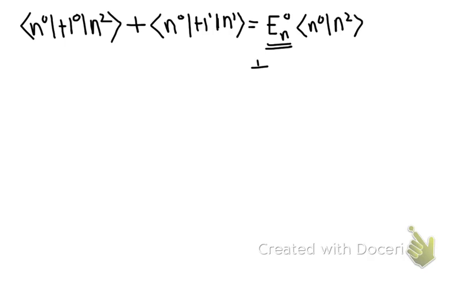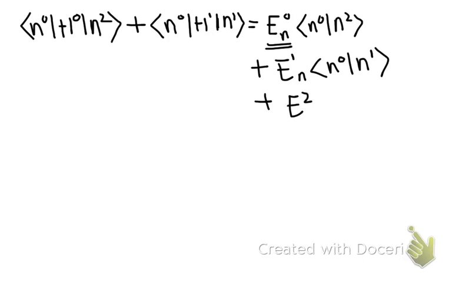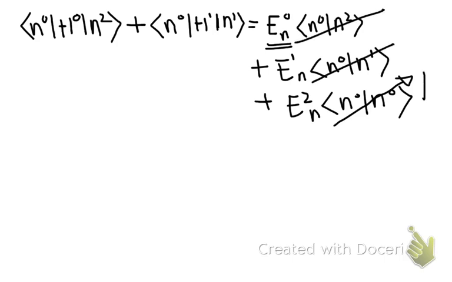And well, let's continue. I'll have plus E1 N0 N1 plus E2 N0 N0. Now, the normalization condition implies that this over here will be 1, this will go to 0, and this thing over here also goes to 0.